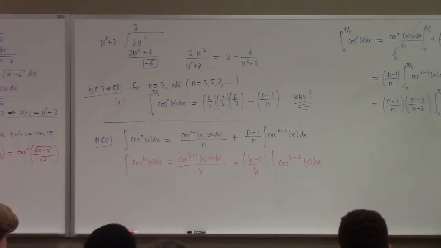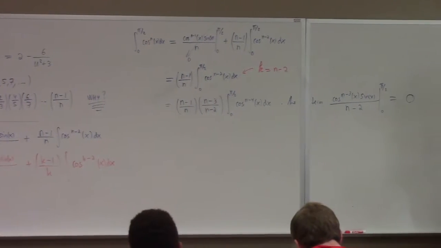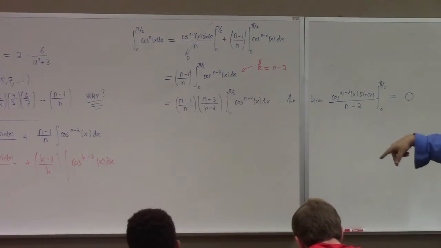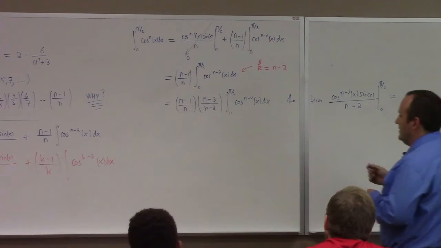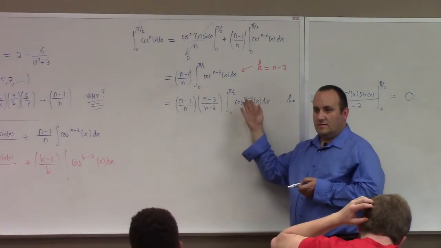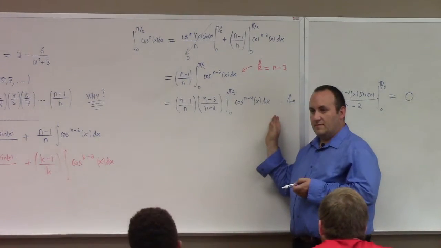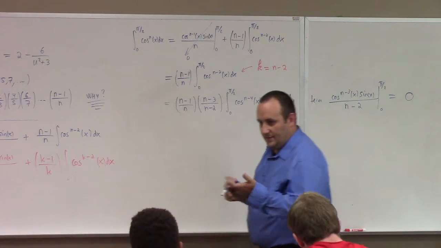The term cosine^(n-3) of x sine x over n minus 2, evaluated from 0 to pi over 2, is what? 0 again. So the first part of the formula in every application just drops out because we're integrating from 0 to pi over 2. And it just leaves us with the next power down, right? So you see the pattern, right?